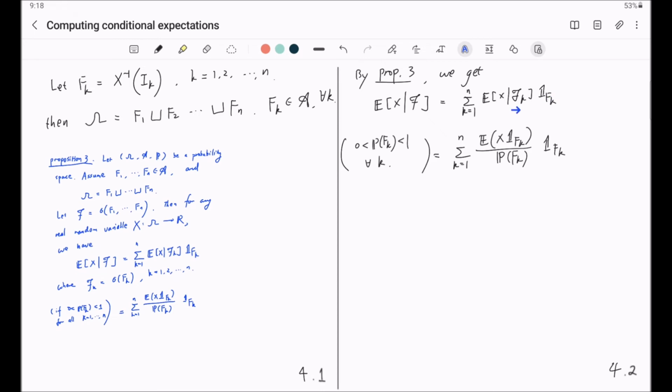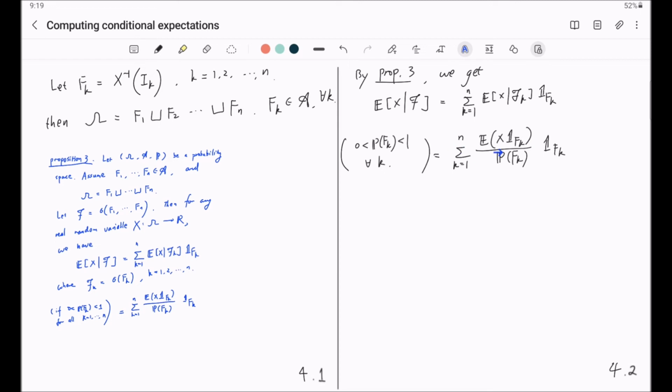But if F sub k is indeed trivial, say if some P of Fk is equal to 0, in that case, this term could vanish. Because remember, in measure theory, we can always ignore the functions defined on the set of measure 0. The sets of measure 0 are always negligible. So we can just forget about it if the probability of that F sub k is indeed 0.